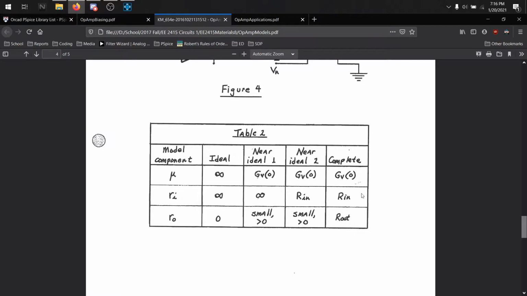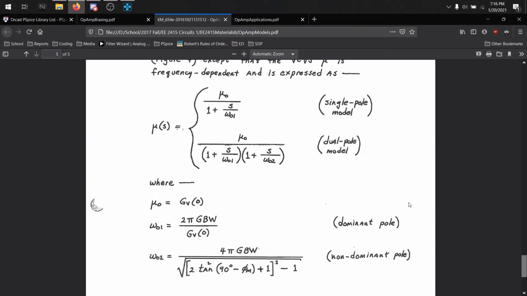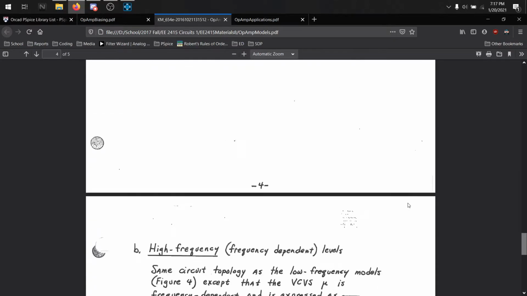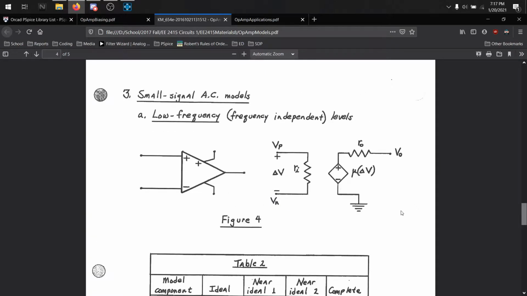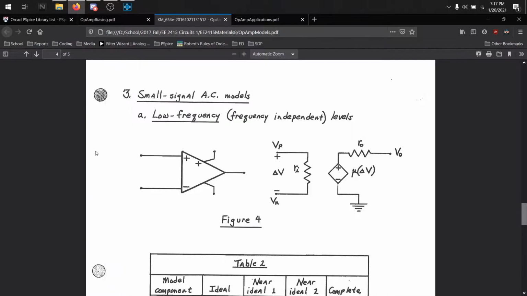This is ideal, this is near ideal, this is ideal 2, and then what it looks like, Rn over Rout. This is for the high frequency stuff. I'm not going to go into it because this is just a very simple understanding of an op amp. All this is also in your Circuits 1 materials, so I'm not pulling it from anything else.